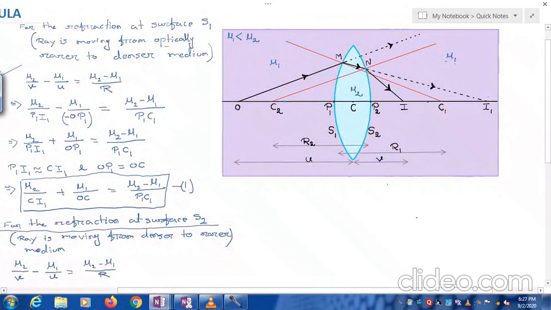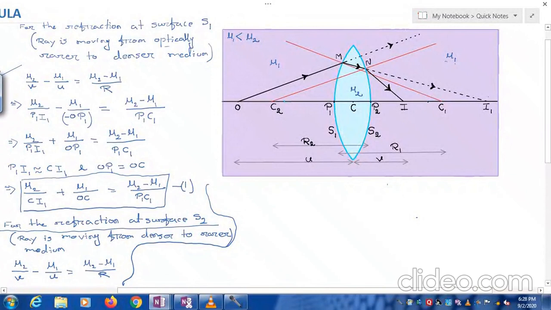Now let us put all the values for the refraction at the second surface. Here for the refraction at this surface S2, the first medium is having the refractive index mu2 and the second medium is having the refractive index mu1, or light is travelling from the medium having refractive index mu2 to the medium having refractive index mu1.